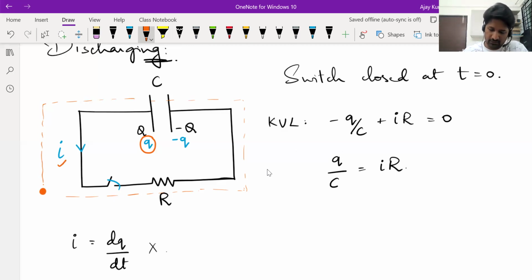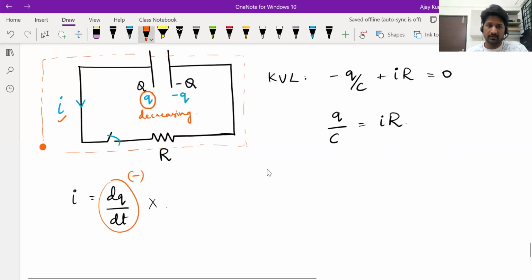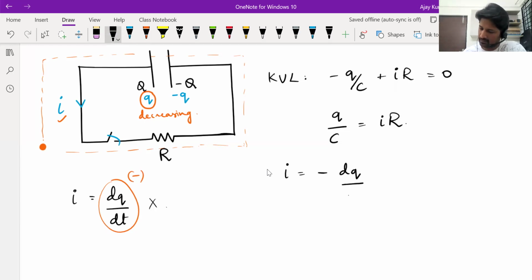Anything that is decreasing, its rate of change will be negative. But we have taken current in that direction, and current in that direction is positive, right? Then how to make the equation correct? You have to take I is equal to minus dq by dt here, because Q is a decreasing quantity. Current here is positive. In this direction, the current is positive.